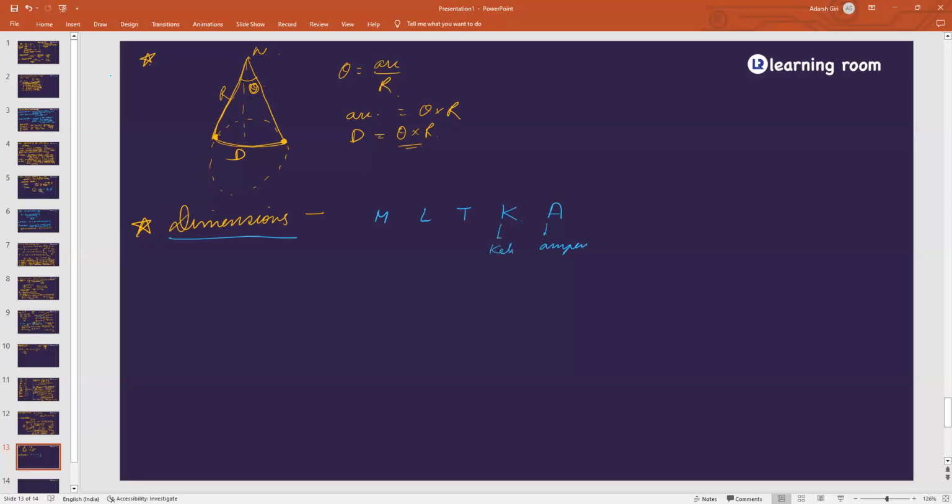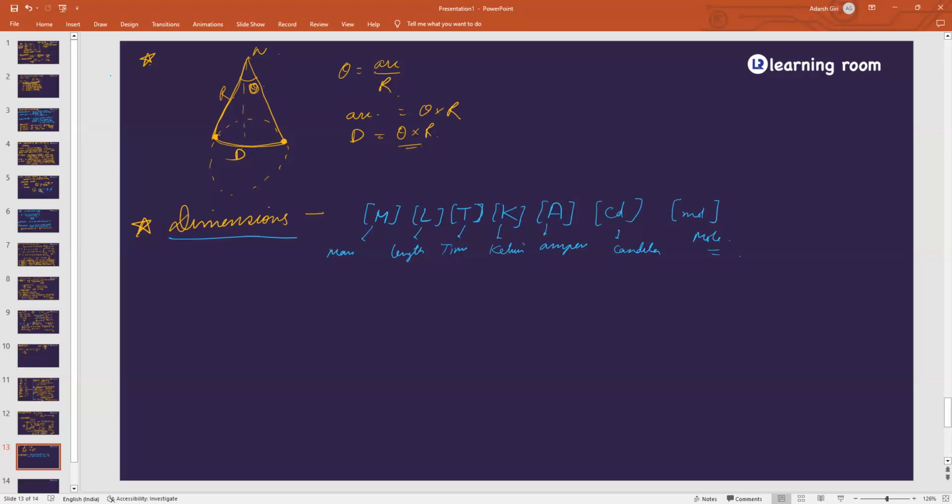This is Kelvin. This is time. This is length. This is mass. CD for candela. One more thing, dimensions are represented inside square brackets. And mole for mole. Right?